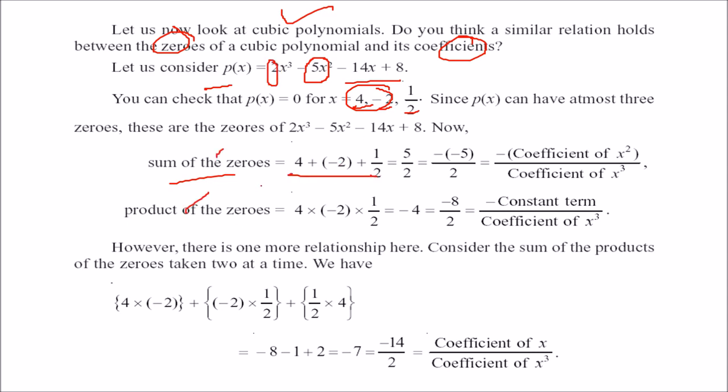If you take the product of zeros, then this will be minus 4, and if you also do the minus of constant term divided by coefficient of x cube, this will again be equal to minus 4.